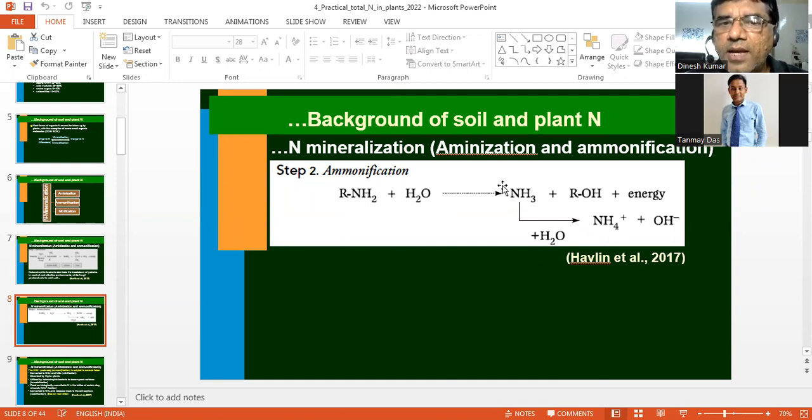So this ammonia can be lost from the soil, or if there is sufficient moisture in the soil, then it will get the water, and this addition of water to ammonia is hydrolysis. This is known as hydrolysis, and then ammonium is formed. So for the time being, it will remain stable because it is in ammonical form. The pH and water content of the soil will decide the fate of ammonia, what is going to happen to it.